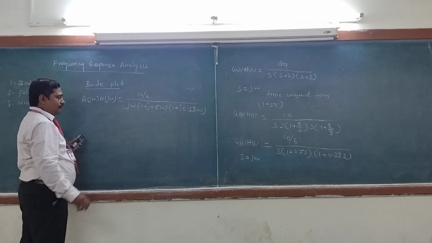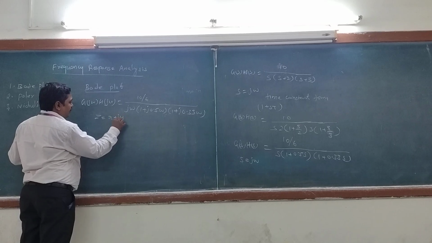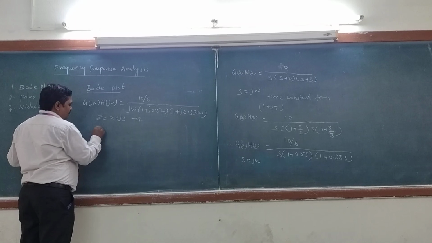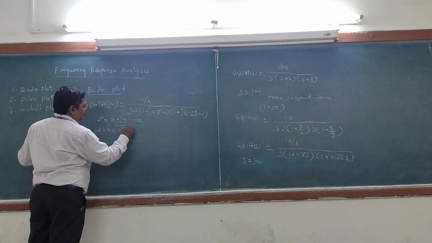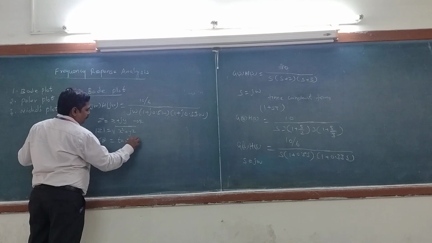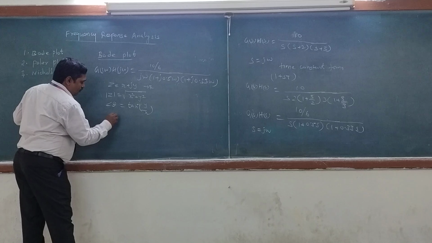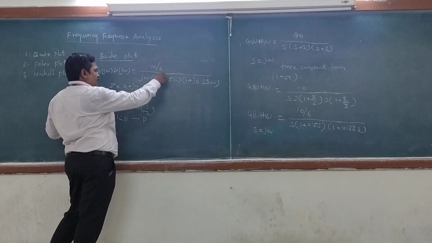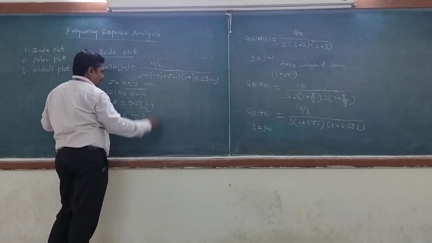Now convert it into polar form. How do you convert? Say z is equal to x plus jy, modulus of z is the square root of x squared plus y squared, and angle theta is equal to tan inverse of y by x. So modulus of z, angle theta, this is the polar form. Like this you have to convert this rectangular form into polar form for this transfer function.